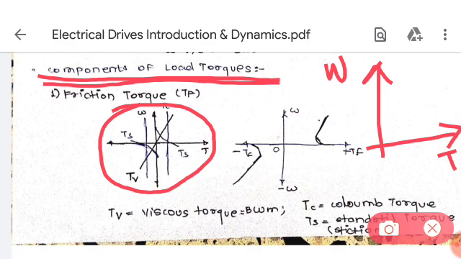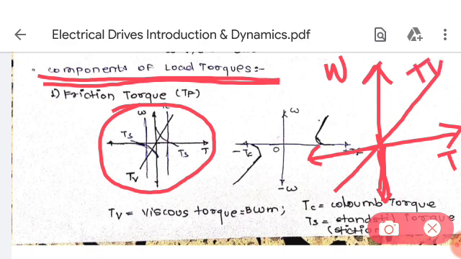First one is viscous friction. It is present in the third quadrant also and the first quadrant. Viscous friction, TV. What this characteristic shows is that this friction torque increases and decreases with speed, isn't it?